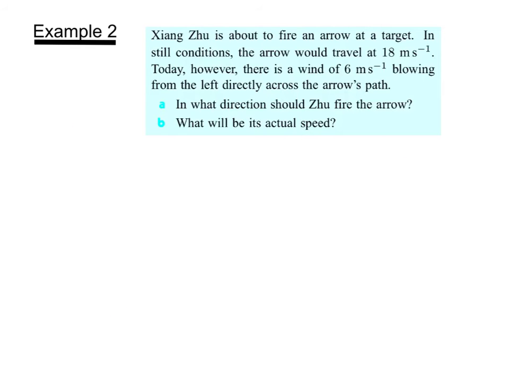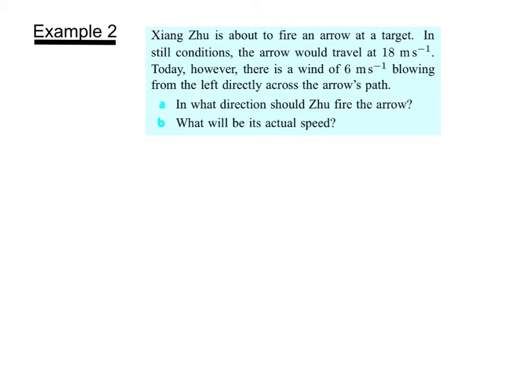Let's take a look at a slightly more challenging problem that's going to test our ability to conceptualize what we're reading. So we have Jiangsu, who is about to fire an arrow at a target. In normal, still conditions with no wind, she can shoot an arrow with a velocity of 18 meters per second.